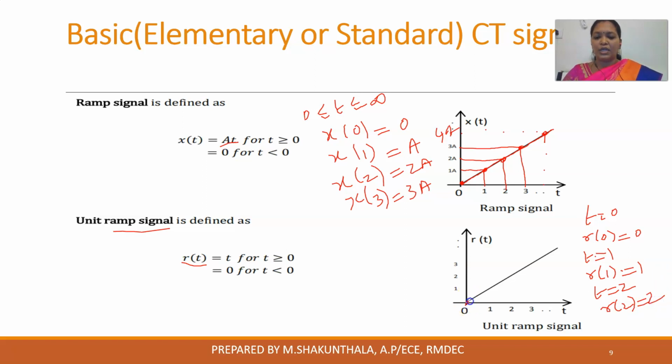For t equal to 3, the amplitude is 3. You will have dots like this. Just connect all these dots and it will not stop at 3. It will go on up to infinity. So the increasing signal is nothing but a ramp signal.